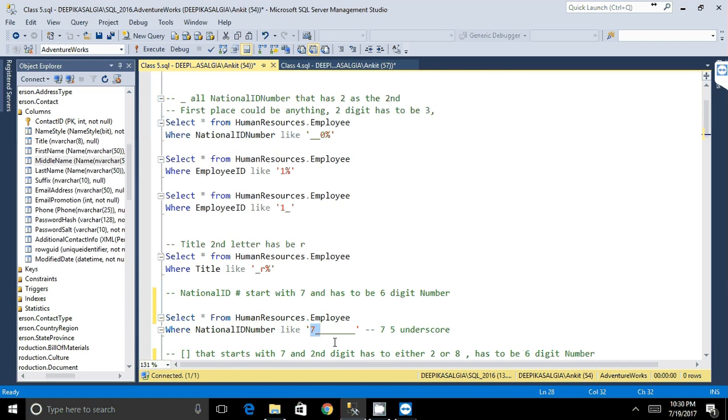It cannot be other than that. And then it has to be a 6-digit number.